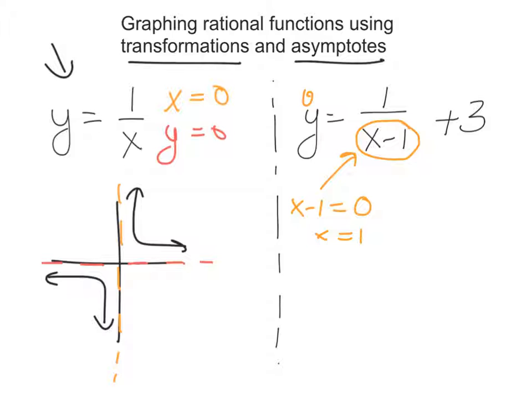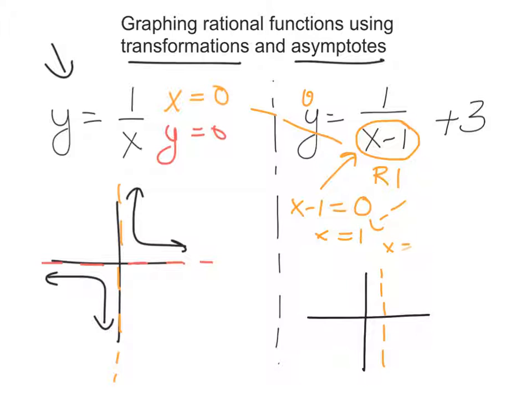We know that when we make a change to x, we're going to be moving our graph somewhere left or right, and since we're subtracting a value, this would move our graph right 1 unit. The vertical asymptote started at x equals 0, but then it moved right 1 unit, so it should end at x equals 1. So if we're down here to sketch our quick vertical asymptote, it's going to occur at x equals 1.